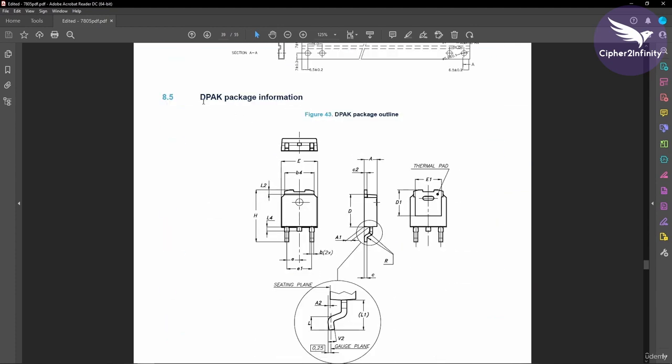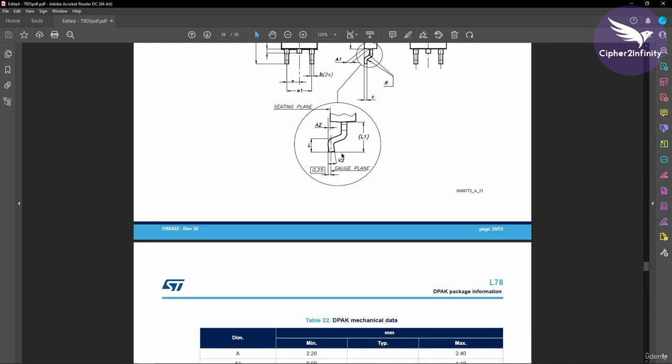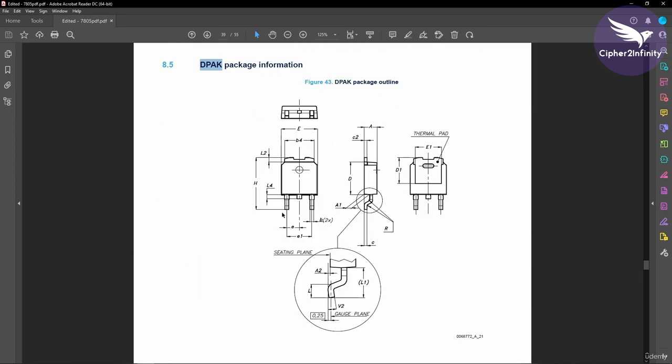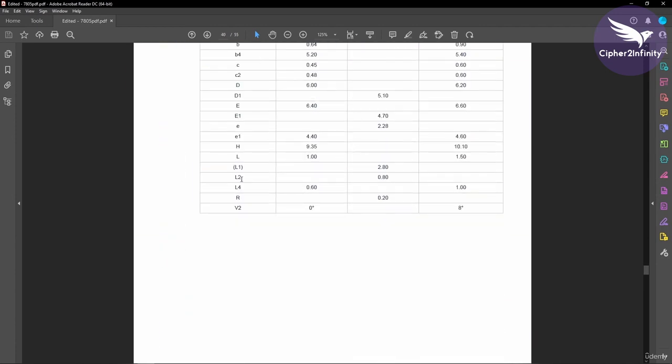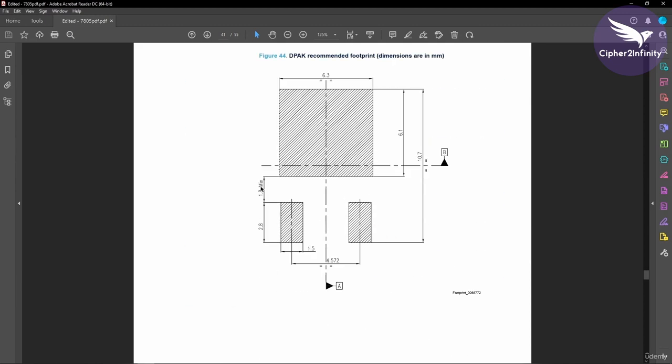For example, if you want to design the footprint for a DPAK package, then you have to come to this section, refer to these values, and later input these values in the EagleCAD software, and then you will get that particular footprint. We have already discussed this entire process, right? In the same way, if you have to design the footprint for this particular package, you have to come to this section and refer to all this information. This is basically the footprint related information.